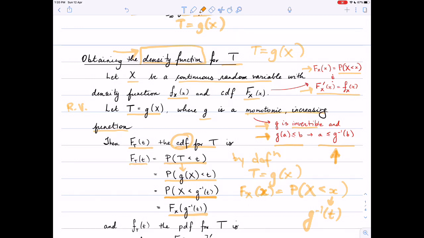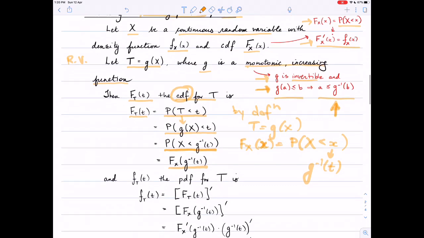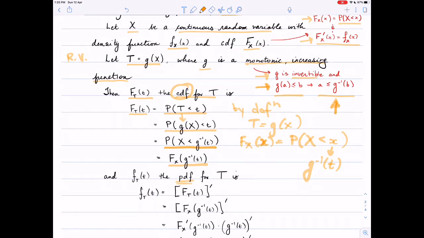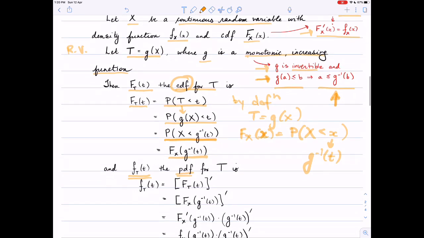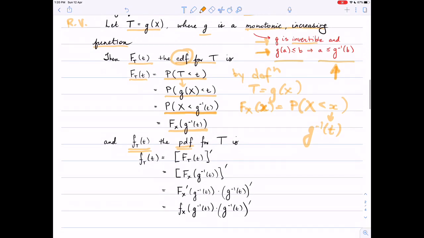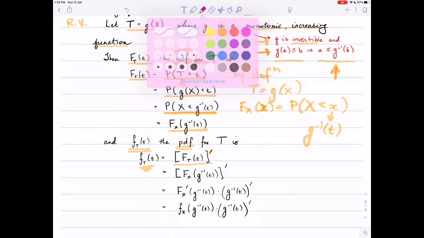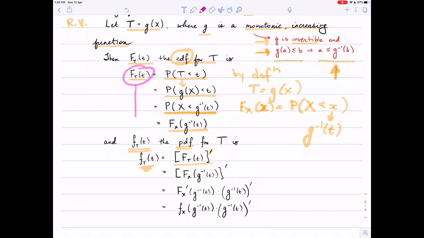But if we wanted to go further, if we wanted to find the density, the PDF for t, so f sub t of t, little f, the density function. Well, we had one more relationship. The CDF is an antiderivative of the PDF, so we can differentiate. So f sub t of t, the density function for our new random variable t, is the derivative of its CDF. And its CDF, up here, we just solved for.